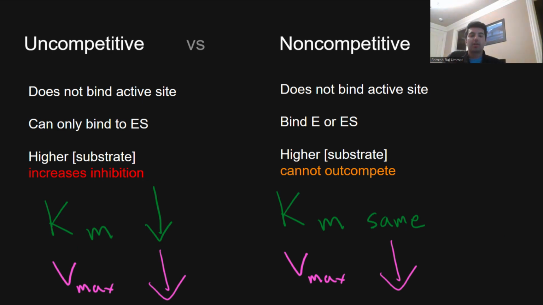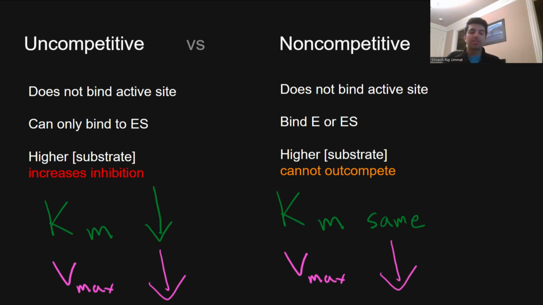Now, we can also take a look at uncompetitive and non-competitive inhibitors. I know they sound very similar, poorly named, but they are actually a little bit different. They both don't bind the active site. But the uncompetitive inhibitor can only bind to the enzyme-substrate complex, whereas the non-competitive can bind either the free enzyme or the bound complex.